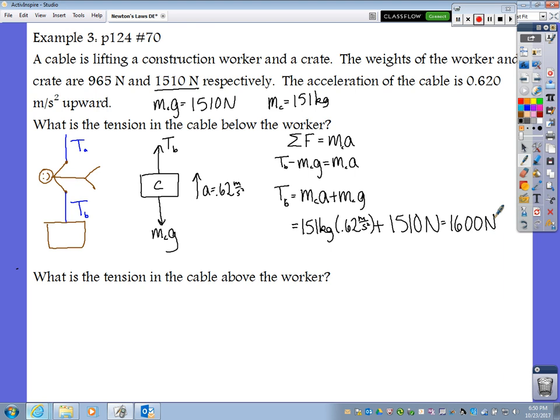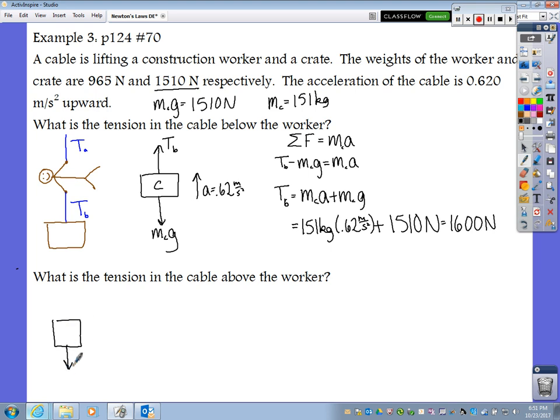Now we want to know the tension above the worker. So we want TA. There's two ways to think about that. We could look at the free body diagram of just the guy, or we could think of the guy and the crate as one system. I'm going to look at the free body diagram of the guy.